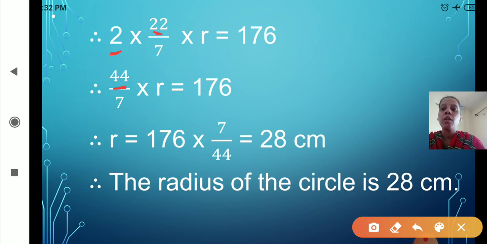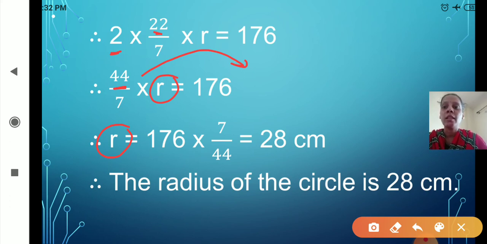Now this 44 upon 7 will go to the right hand side, because we have to find the radius, so we keep r on the left hand side as it is. So 176 multiplied by 7 upon 44.